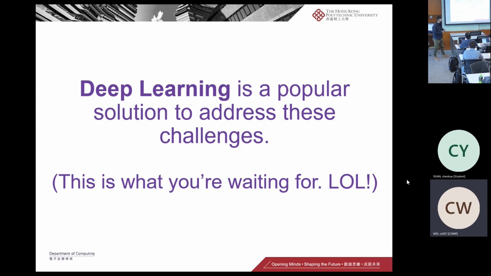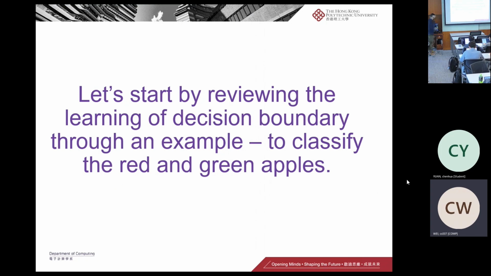So as I mentioned, we're going to talk about deep learning, and I hope this makes you excited, because I know a lot of students are waiting for it. Okay, but before that, let's review a little bit of traditional machine learning, because as I mentioned, a lot of times the concepts are connected, and they evolved gradually, not something where you suddenly have deep learning, even though the term is fancy.